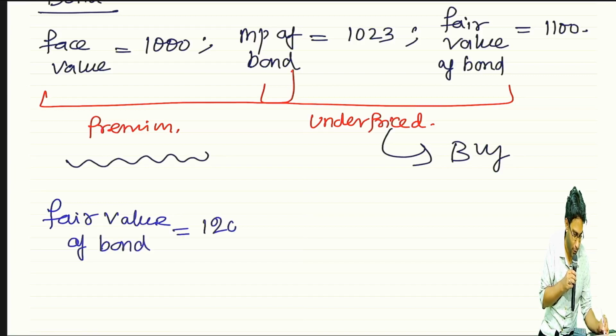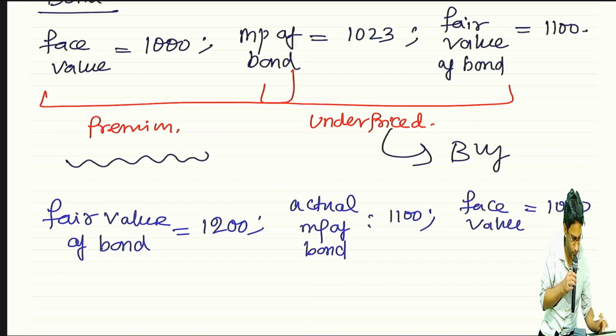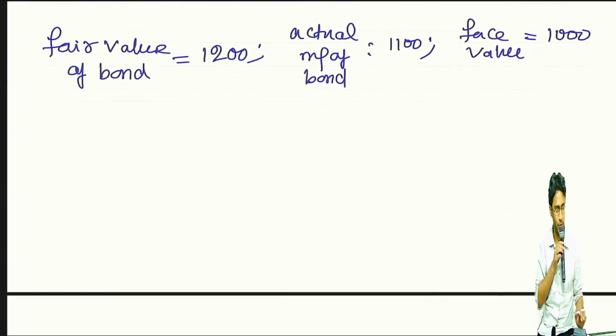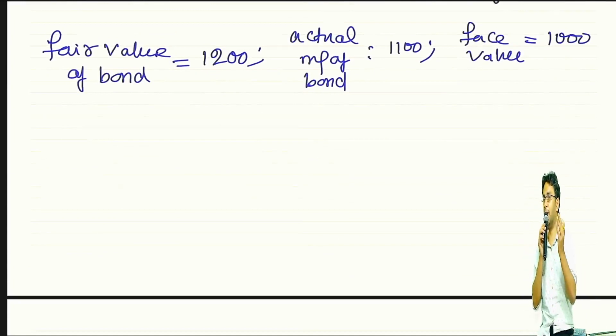Fair value of the bond 1200. Actual market price of the bond is 1100. Face value 1000. Tell me, bond is trading at par or premium or discount? First easy question.